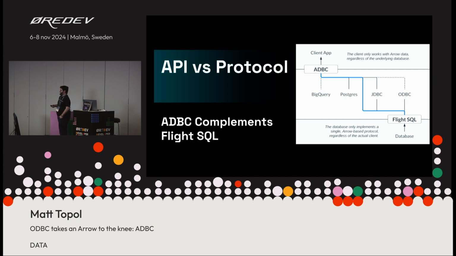But there are also Flight SQL drivers for ODBC and JDBC, because Flight SQL is a protocol. So if you build on the server side something with Flight SQL, you don't have to do any work to make clients exist, because they already exist, and it will just work. And that's the difference here in the benefits of that API versus protocol discussion.